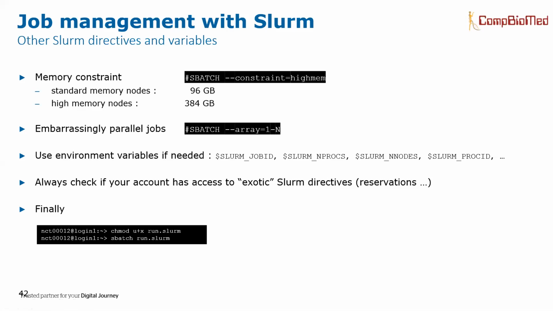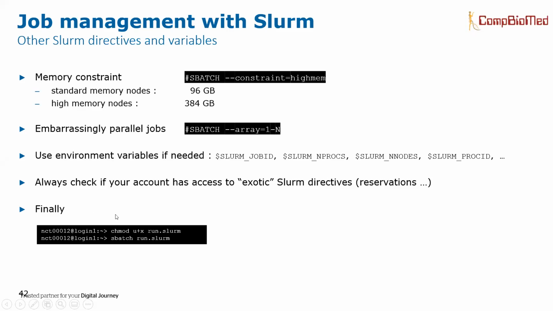There are also some other options which are maybe specific to bash scripting mode. If you want to retrieve some information about your jobs, for example the job ID or the number of processors or nodes that you are using, you will be able to access this data in your script using these environment variables.